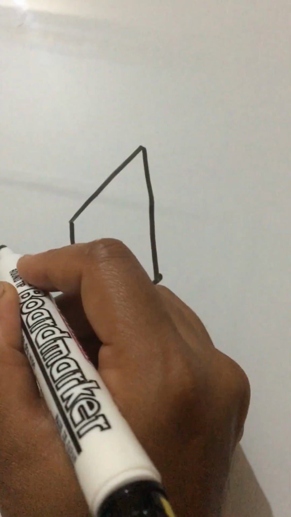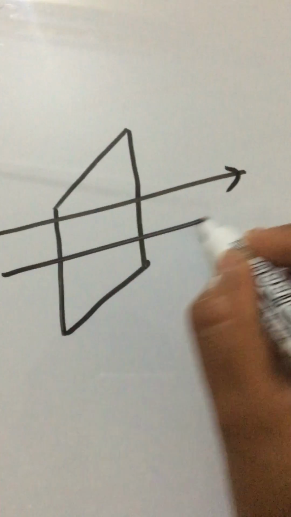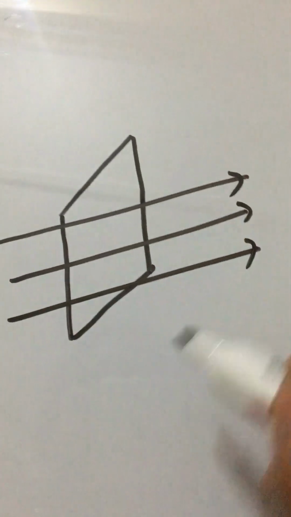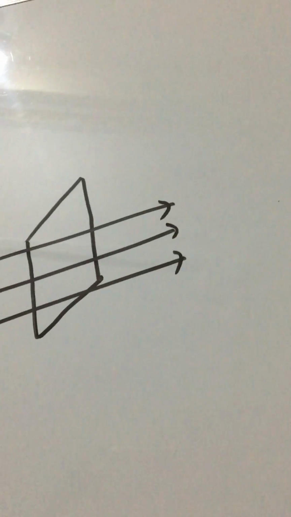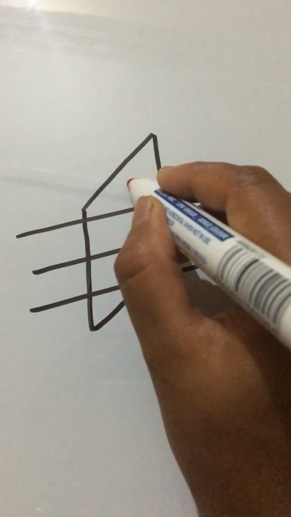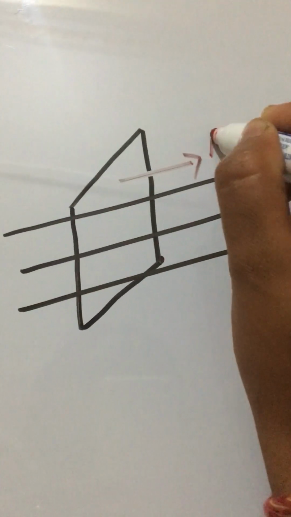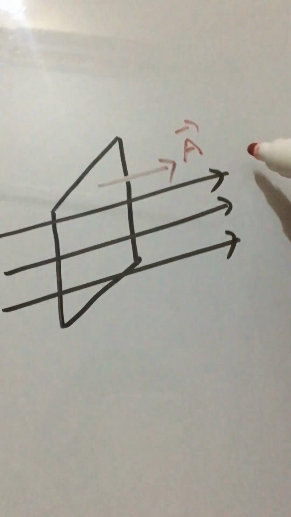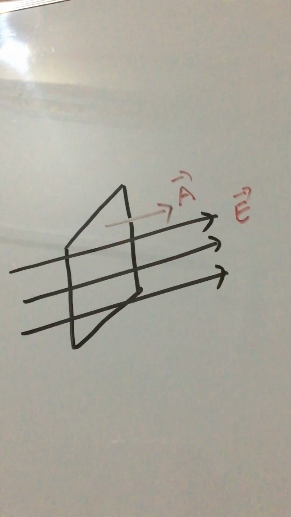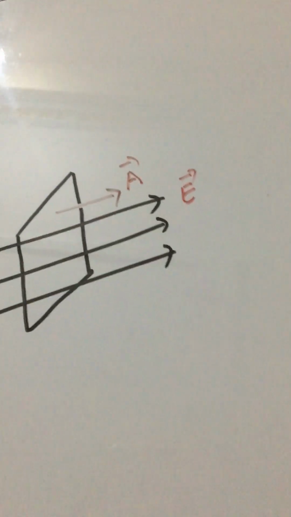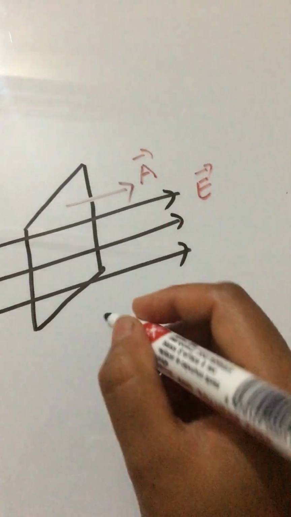This is the case. Electric field goes this way. Now what is the direction of the area vector? First of all, what is the direction of the area vector? Area vector should be along here, right? And what is the direction of the electric field? Aren't they same directed? Yes. So what is the flux?